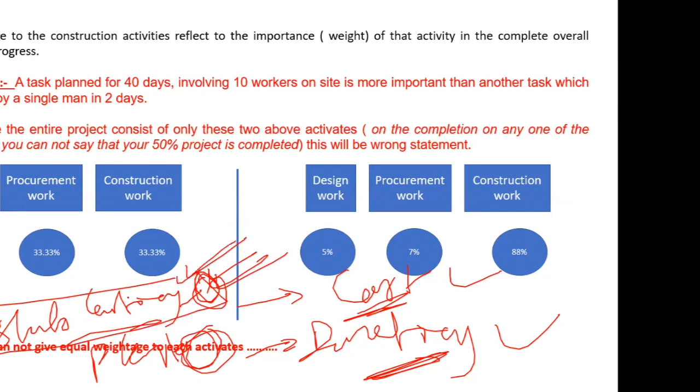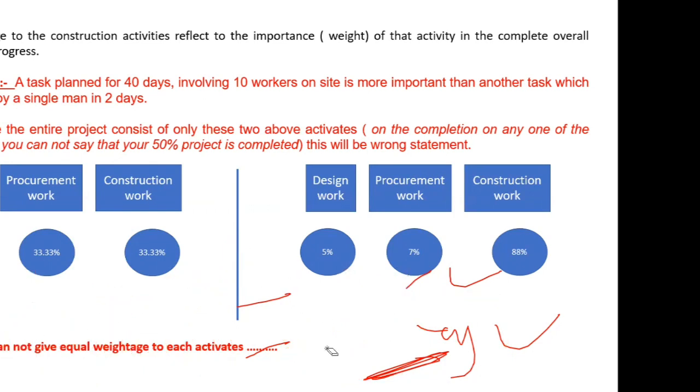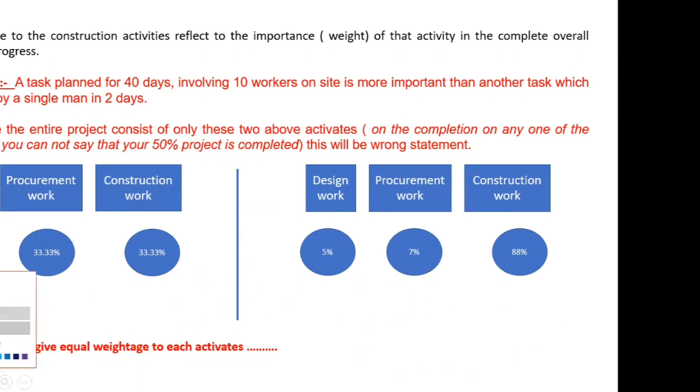It should have more weightage. But if we decide the weightages with the help of duration, definitely you'll give less weightage to this particular activity. So apart from these two factors, cost and duration, you need to take other factors into consideration as well, which we'll be discussing during the course.